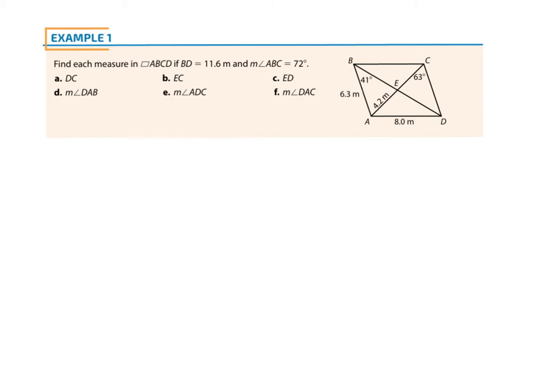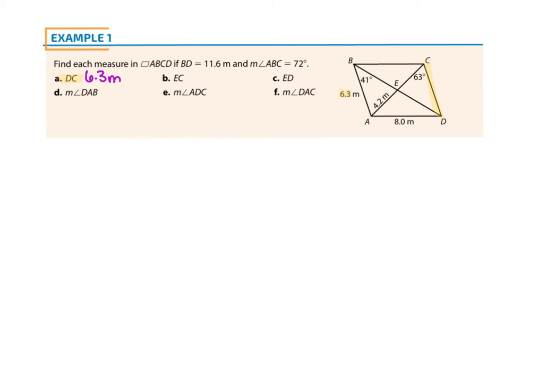So we're going to look at D to C. That's the first thing they're asking for. D to C is this line segment right here. What do we know about parallelograms? Opposite sides are congruent. Well, they gave us the measure of the opposite side, so we automatically know that this side is also 6.3 meters.